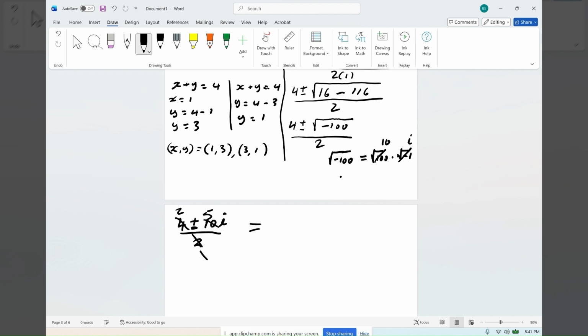So we are left with 2 plus or minus 5i, and that would be equal to x. So we have x2 equal to 2 + 5i, and x3 equal to 2 - 5i.